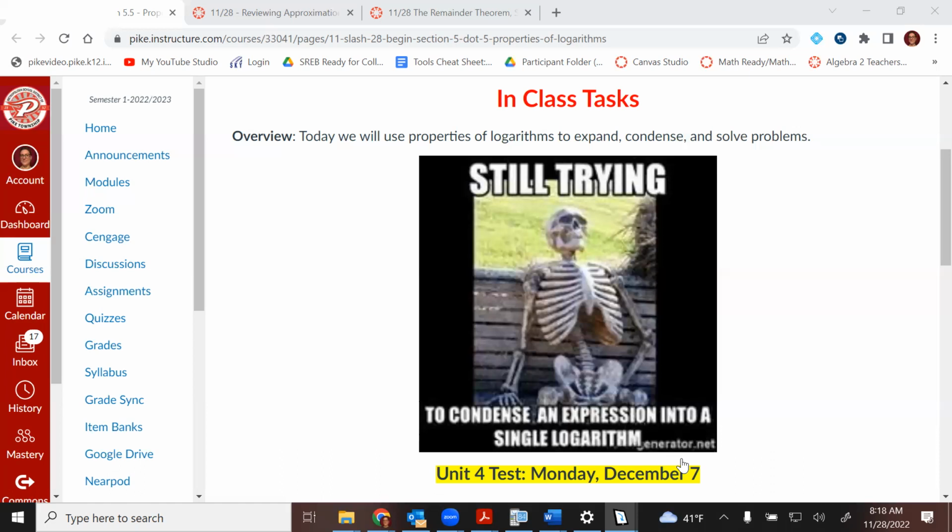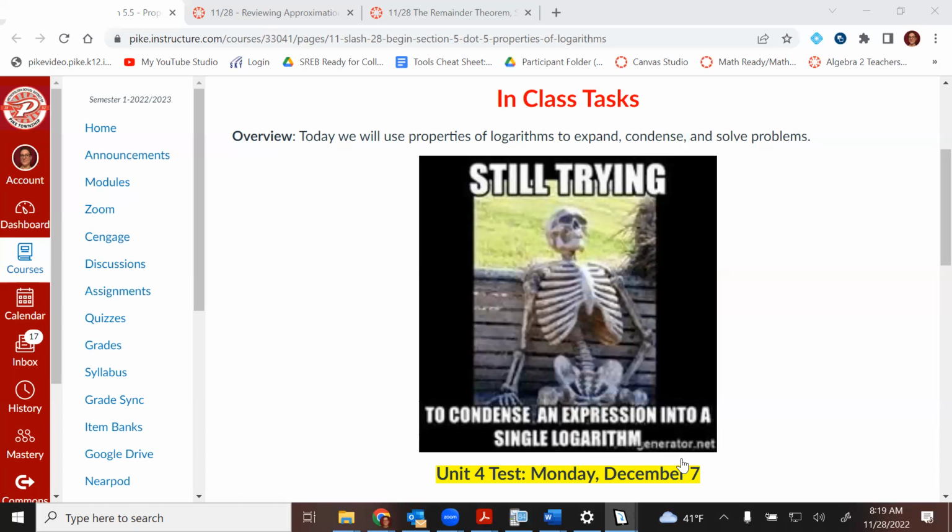When we have the change of base property, this argument right here is my original argument. And this down here is the base. So what this is saying is that I would have log base 3 of 27.